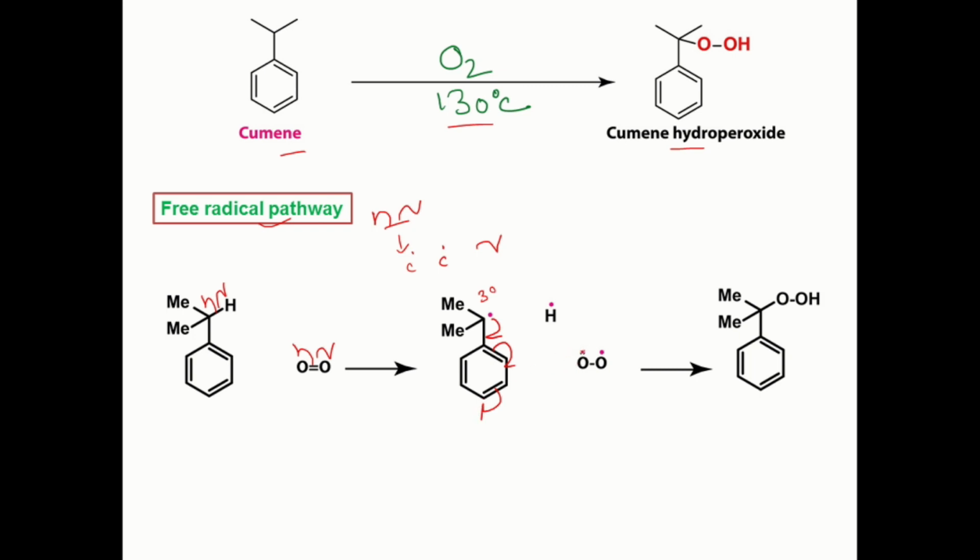Next, this oxygen radical comes to the cumene radical to form a C-O bond, and another oxygen radical comes to the hydrogen radical to form an O-H bond, and finally a hydroperoxide linkage is formed. In this way cumene hydroperoxide is formed from cumene.